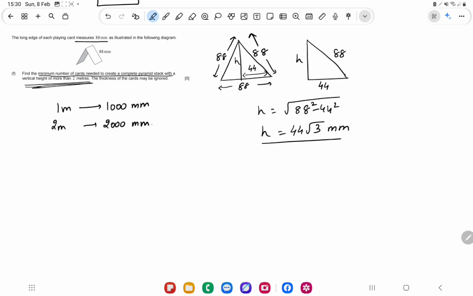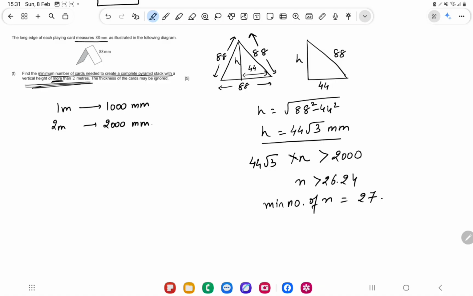So this height which I got, which is 44 root 3, if I multiply this with n, because I have to find the minimum number of cards, this has to be greater than 2000 because it says the word more than. This is my perpendicular height, and when you use your GDC, you will see that it comes as 26.24, and they have asked us the minimum number of n, so I can write this as 27.